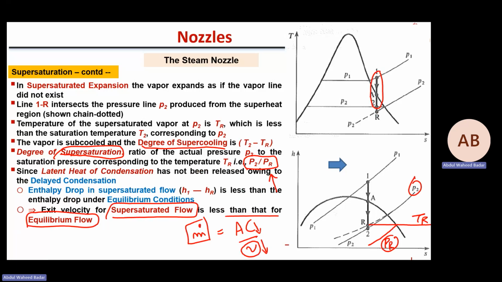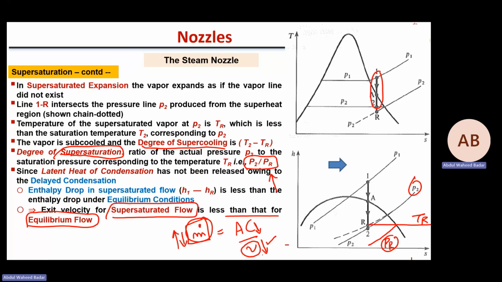Then we have to see whose effect is more dominant, because the velocity drop will make the mass flow rate drop, while the specific volume drop will make the mass flow rate rise. Which one is more dominant will define what happens to the mass flow rate. And we will discuss this.